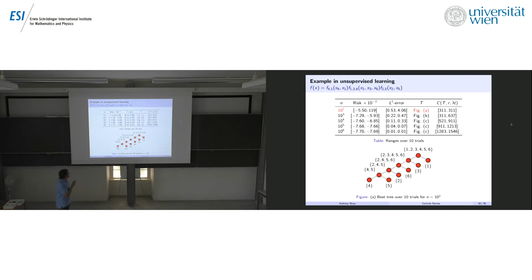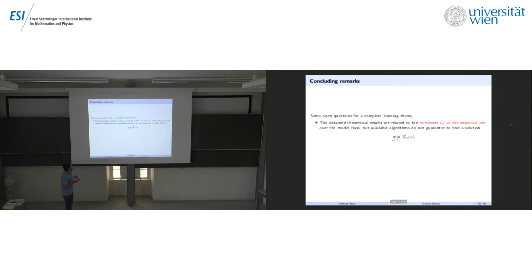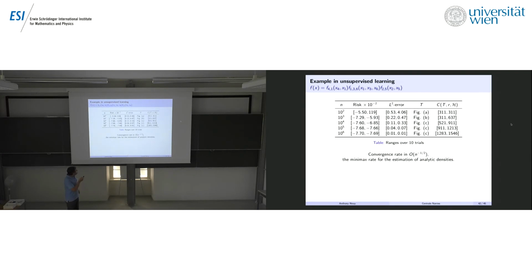But when you increase the number of samples, you can see a nice decay of the L2 error. And at the end, when you have a large number of samples, you find a tree containing the nodes I had mentioned before that respect the structure of the graphical model. And what is nice when you look at the L2 error is that you find a convergence rate which is in 1 over square root of n.